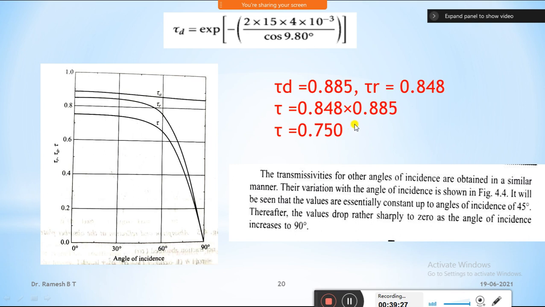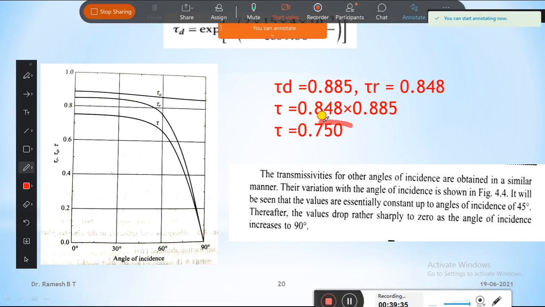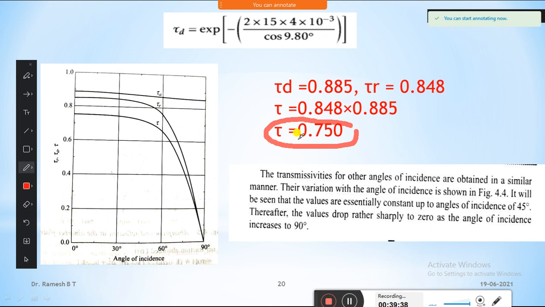And for the tau value, tau is equal to tau a, that is tau d, into tau r. If you multiply these two, the final tau value is 0.750. And if you draw the plot of transmissivity versus angle of incidence, here 0, 30, 60, 90.